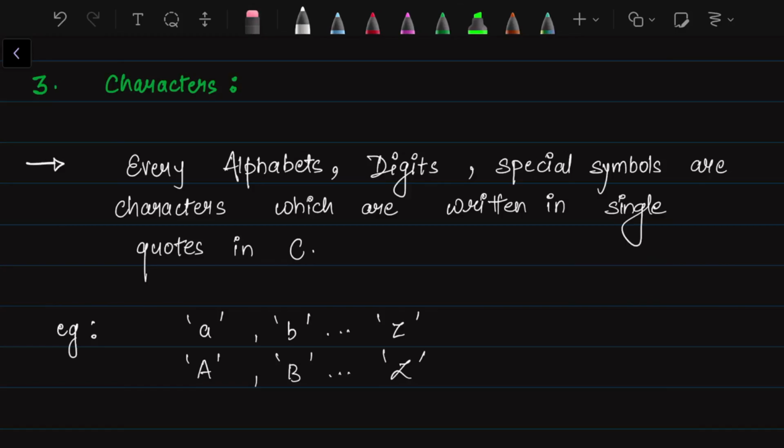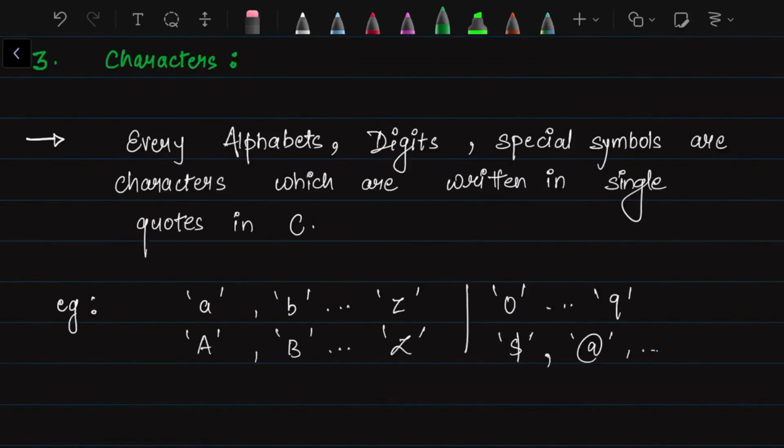You need to take care of that, because otherwise it will not be considered a character. So for it to be considered a character literal, you need to put it in single quotes. All your digits from 0 to 9 can be considered as characters. Special symbols like dollar or at the rate are also considered character literals.